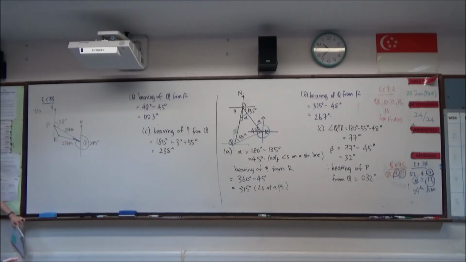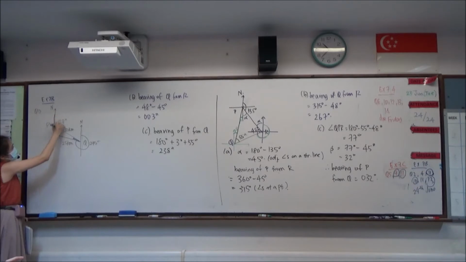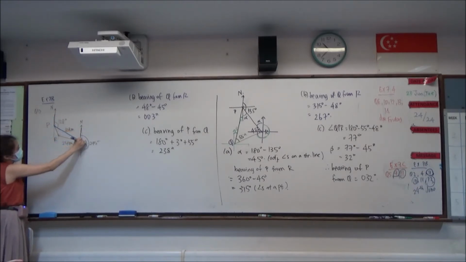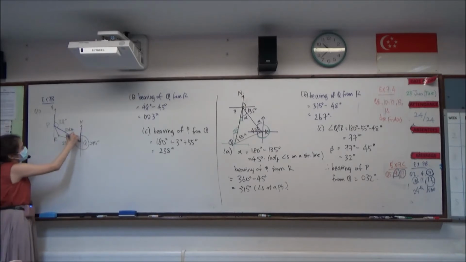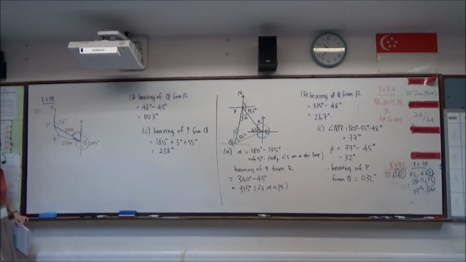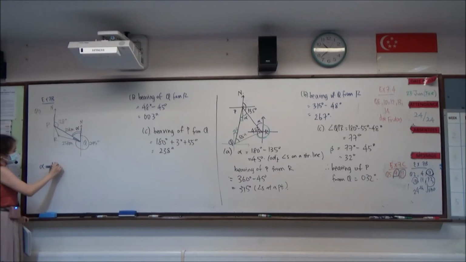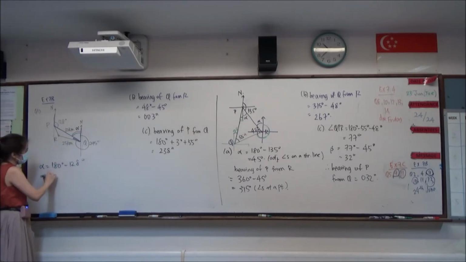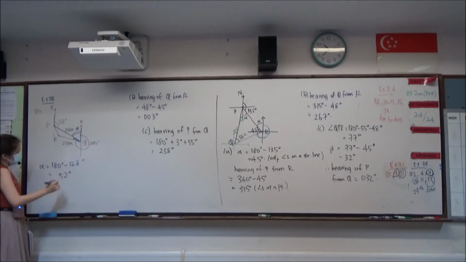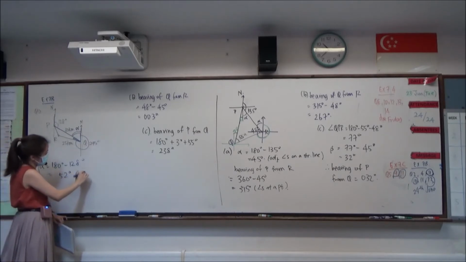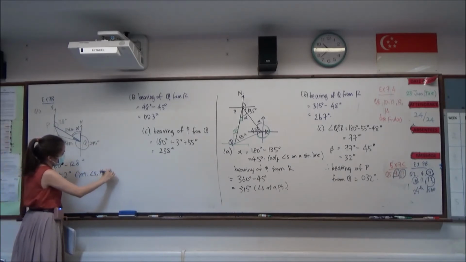So let's look at whether we can find the angle. Since we know 128 degrees, and since the north lines are parallel, and we have the line connecting P to R, P to Q, I can find this angle here by making use of interior angles of parallel lines. If I label this as alpha, I will get the value of 52 degrees using that property.